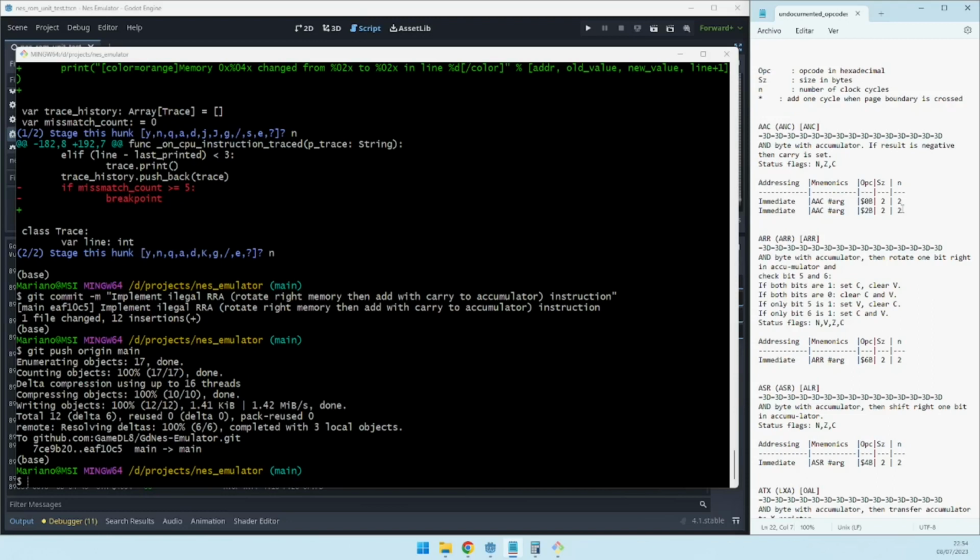So now, how do we know that this is going to work? AND byte with accumulator. If result is negative, then carry is set.